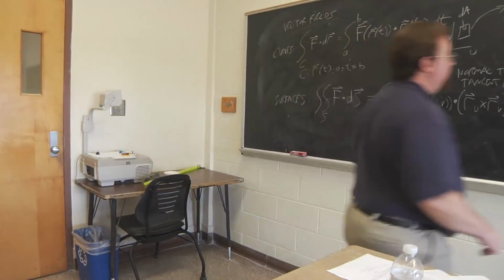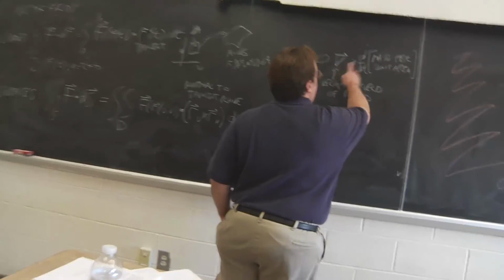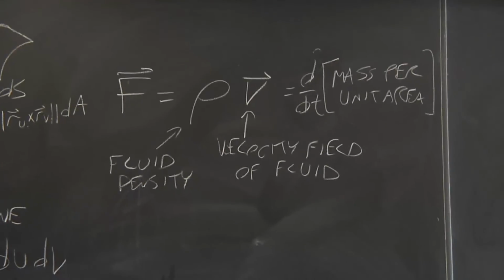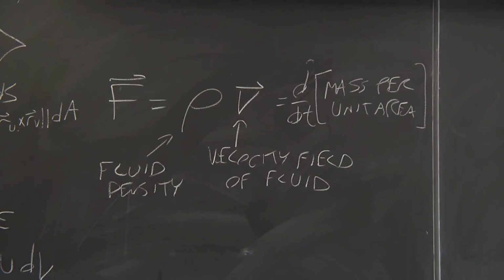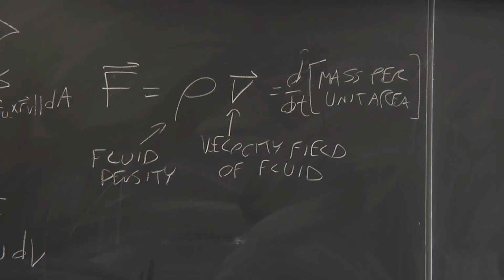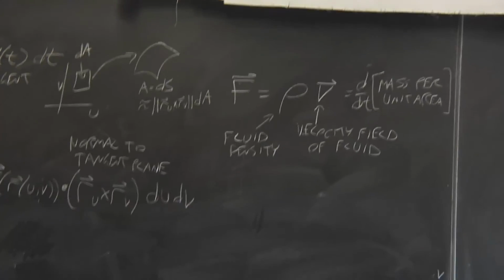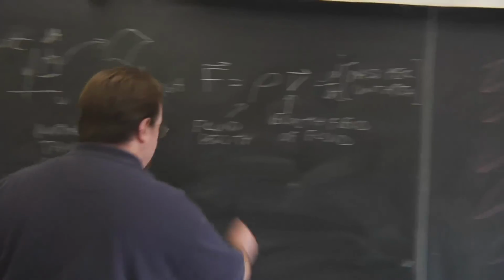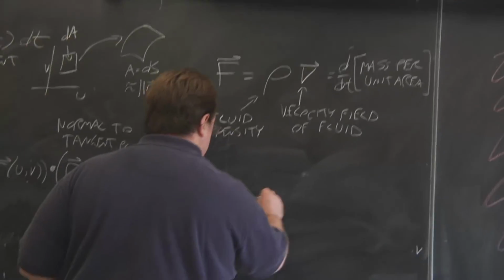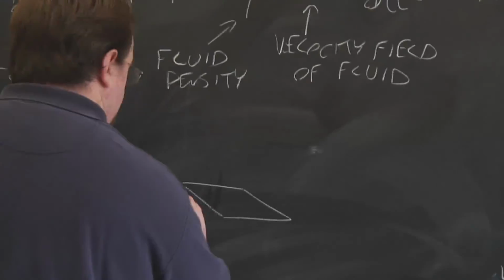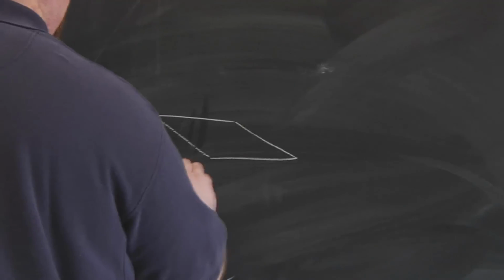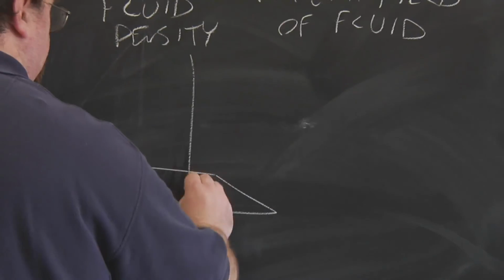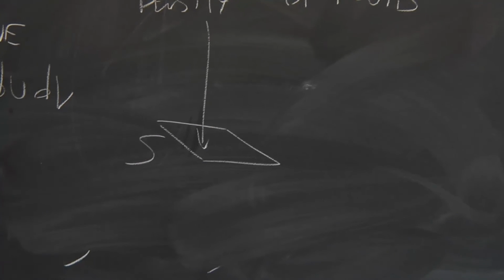So this describes a rate of change of the amount of fluid that's crossing a surface per unit area. Then suppose you have a surface patch S, and you have fluid going directly through the surface.